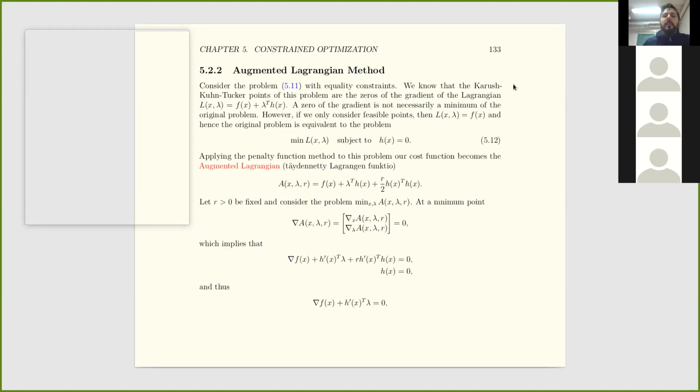This is not introduced in a very great manner, but the point of this augmented Lagrangian method is to reintroduce the penalties, so that we're putting more stress on the fact that this h function needs to be 0. Because the Lagrangian may have other zeros of the gradient where they're not minimums of the original problem, or they're not feasible, reintroducing this forces it more aggressively towards the zero of the h function.